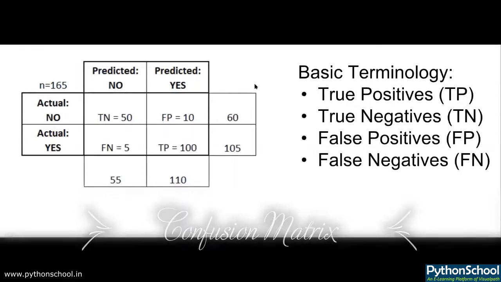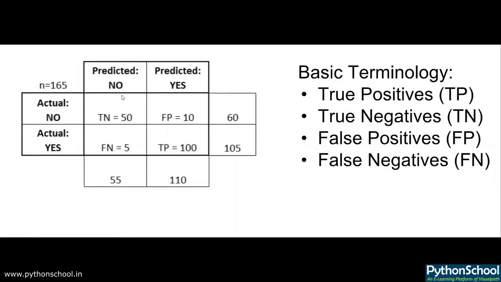The true negatives are the ones where we predicted no, the people did not have the disease, and in reality also it says that people did not have the disease. So we predicted 50 as true negatives, and in reality also it is 50.